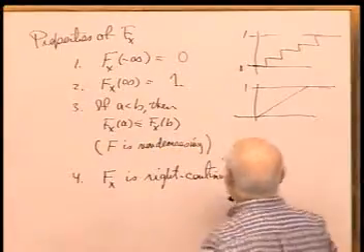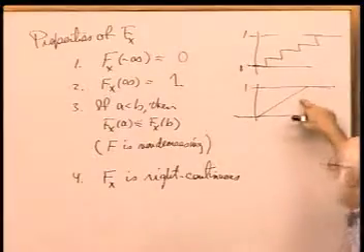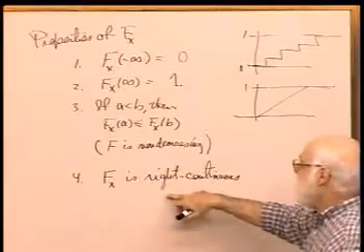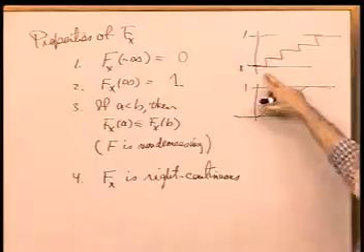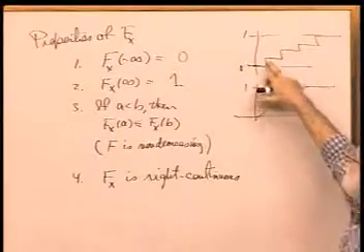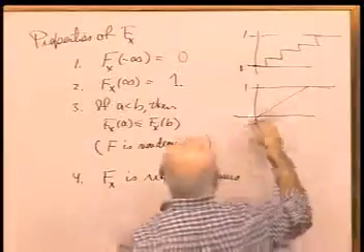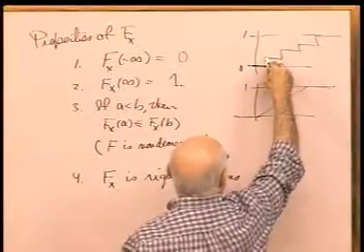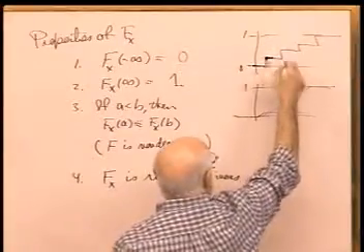Right continuous means that if there are discontinuities, then the function is defined by the jump on the upper part. So to say that the function is right continuous means that whenever there's a discontinuity, the function is defined there. So it's continuous on the right-hand side, and the discontinuity is on the left.